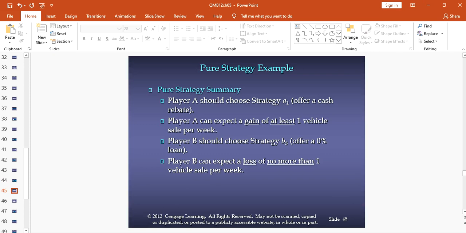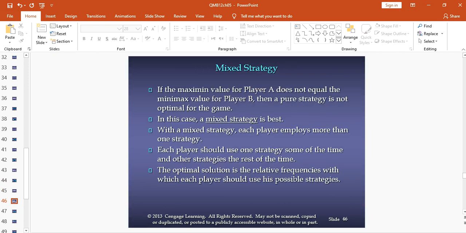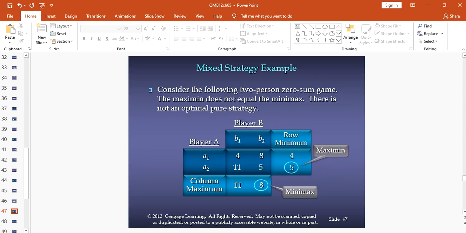So yeah, this is the outcome. Okay, so what does this strategy tell us? Like we said, if the maximum value of the player A does not equal to the minimum value for player B, then the pure strategy is not optimal for this game. In this case, we have to go for mixed strategy. Let's have an example and we understand what's about.